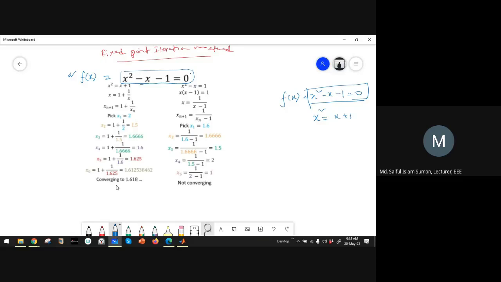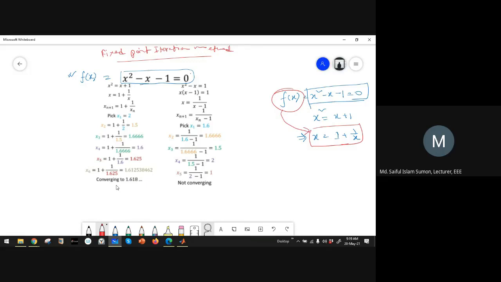So now x is equal to 1 plus 1 by x. I have just divided both sides by x, nothing else. So you can see I have separated x.